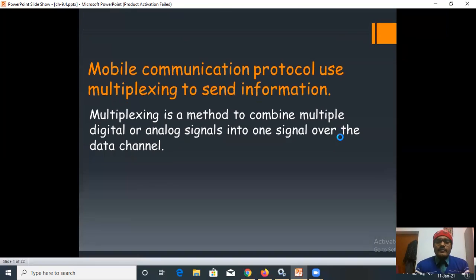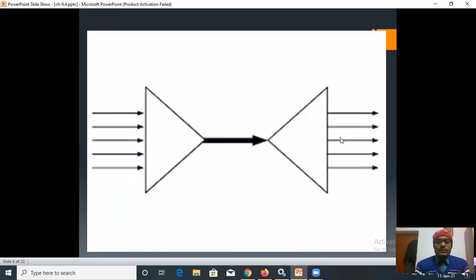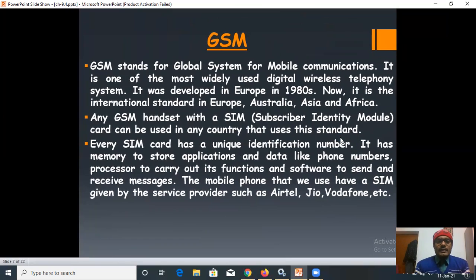So coming to GSM. GSM stands for Global System for Mobile Communication, and it is one of the most widely used digital wireless telephony systems. So all over the world, this GSM technology is used. The mobile phones which our mother or father use, in some earlier time they were using these types of basic phones like Nokia.